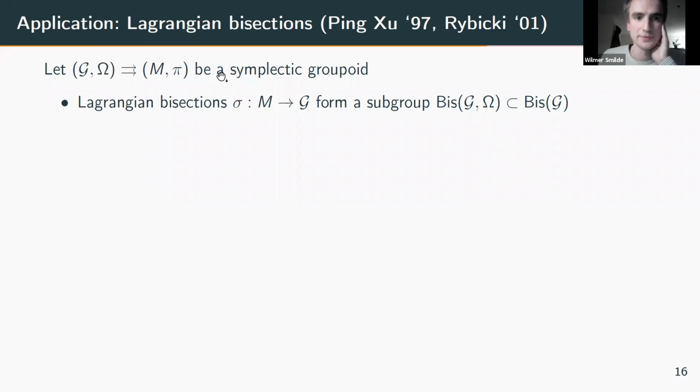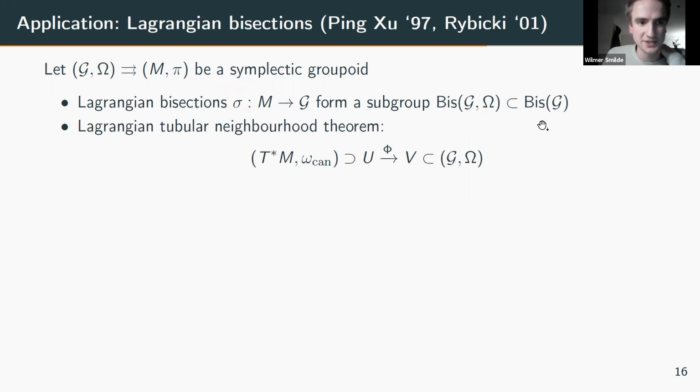If you have an integrable Poisson manifold, then you can look at the symplectic groupoid. In the symplectic groupoid, the coisotropic bisections are exactly the Lagrangian bisections. These form a subgroup of the total space of bisections.